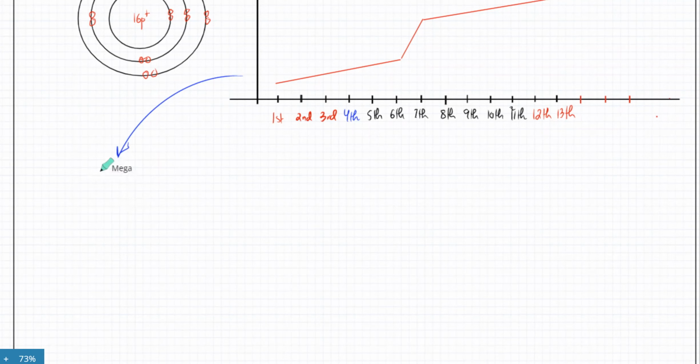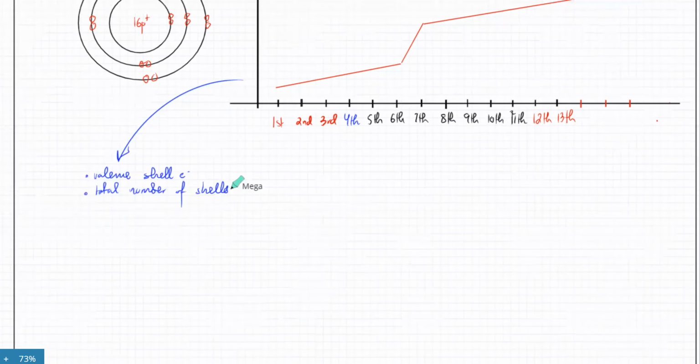You can tell the number of valence electrons that the atom has. So that is one piece of information that you're going to get. You can get the total number of shells by looking at the sketch. These are the two very vital pieces of information that you can obtain.